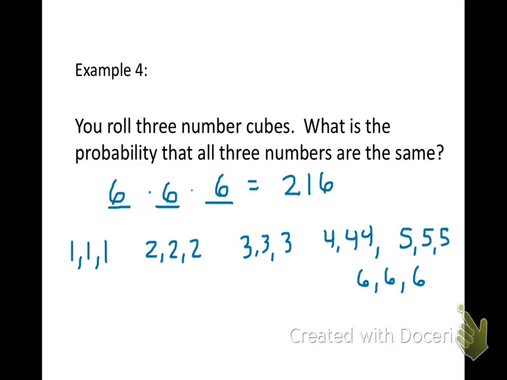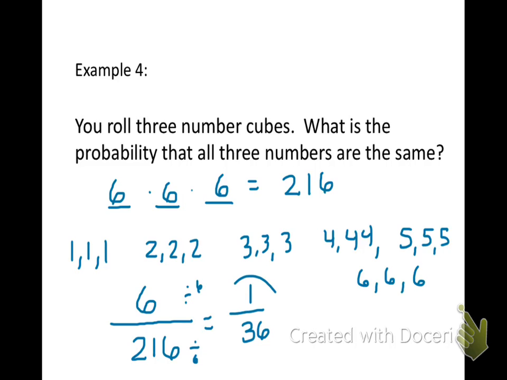So if I count up the favorable outcomes, I have 1, 2, 3, 4, 5, 6 total possibles that could be the same number on each cube out of a total of the 216. Again, I'm dividing top and bottom by 6, and I would get 1 out of 36 for my total probability that all 3 cubes are the same.